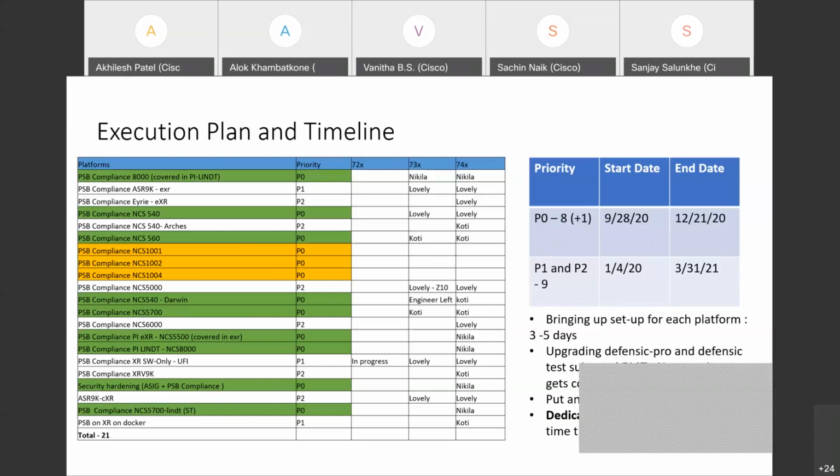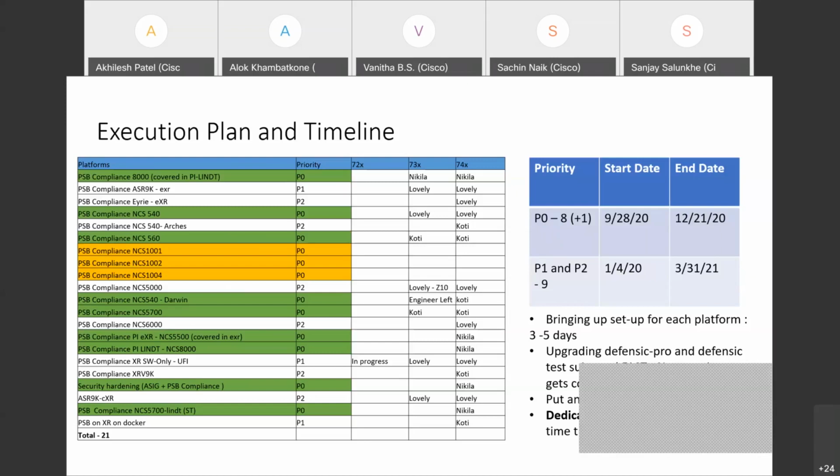Not much code churn, when I say, either we couldn't pull it in the capacity in P0 or it would be more of the XRV9 case, which the test team wasn't running at all this time. It was driven by the development team, or it could be SR9K CXR, which is not that heavy with respect to code churn, NCS6K. Those are the platforms which are marked as P2.